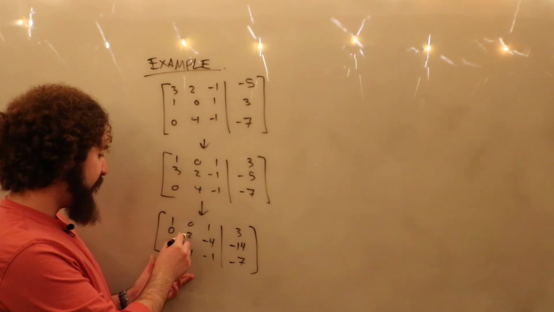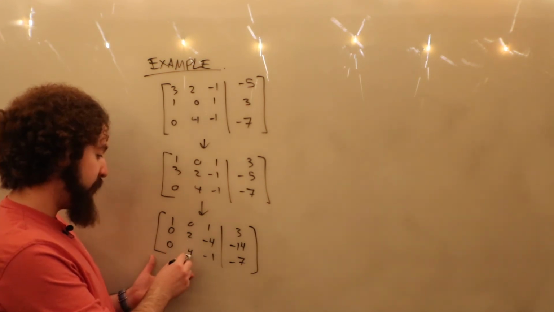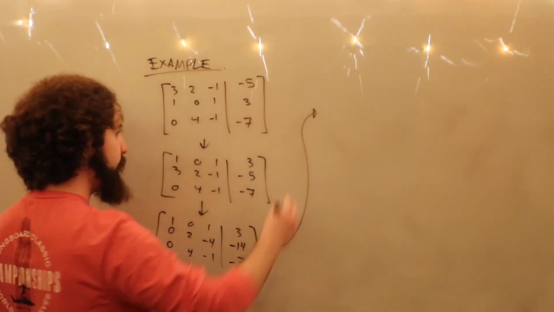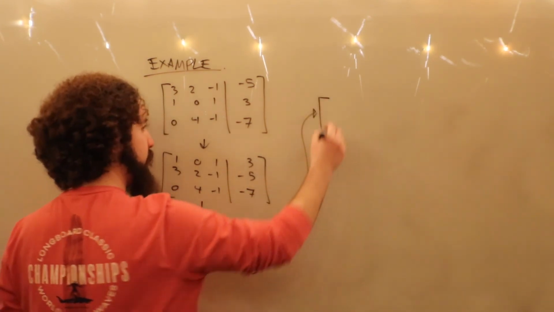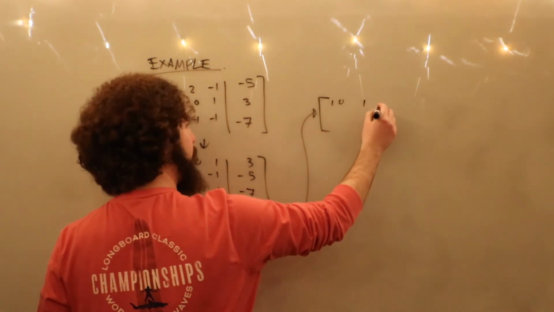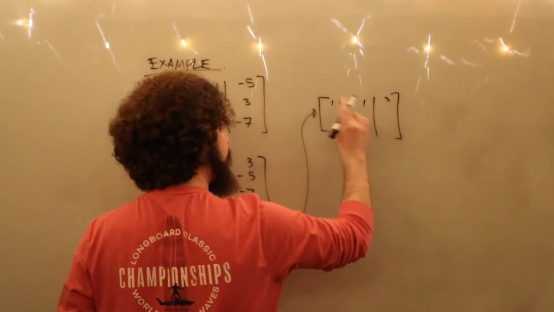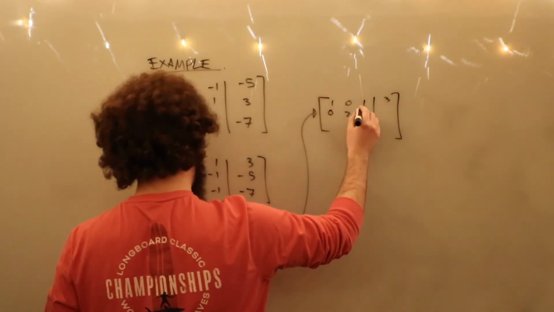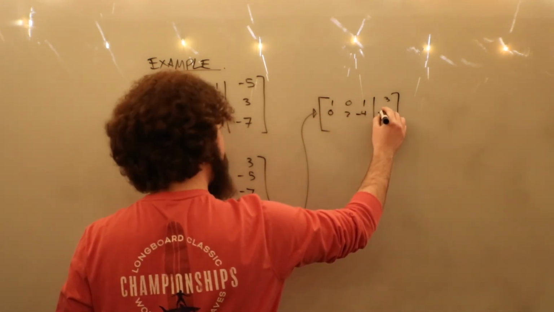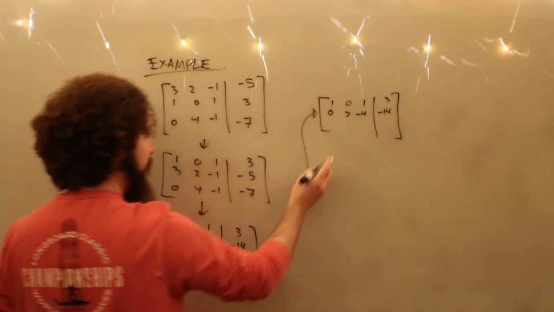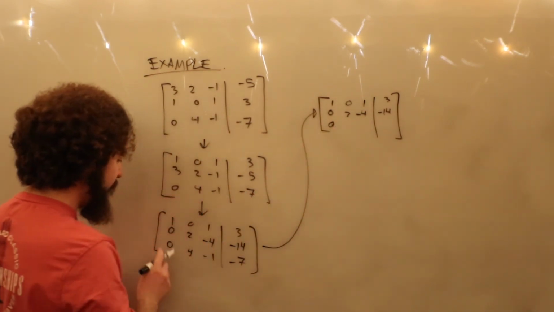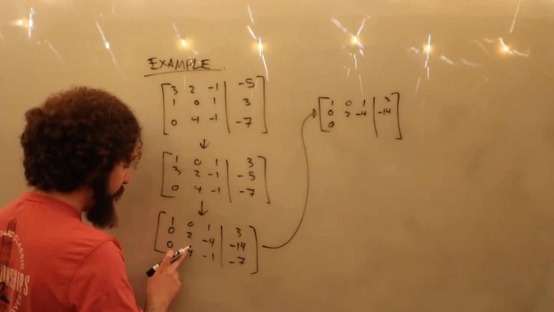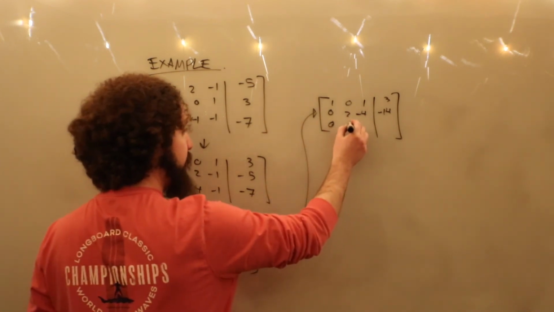Let's add -2 of row 2 into row 3 to cancel out this 4. So 1, 0, 1, 3, 0, 2, -4, -14, and then this first entry is going to be 0, multiple of 0 plus 0 is 0. -2 times 2 plus 4, it's going to be 0.